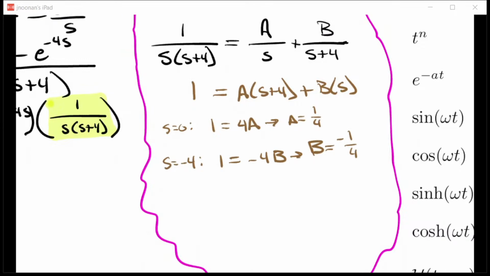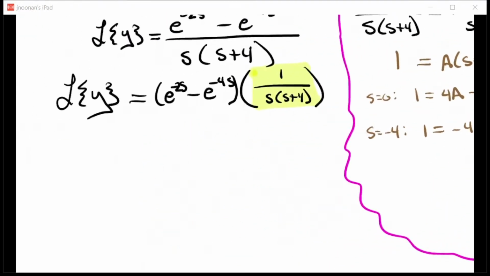Nice. Some of you might be able to just eyeball that and say, oh yeah, it's going to be 1/4, negative 1/4, based on experience with this stuff. But it's fine if you couldn't do that.